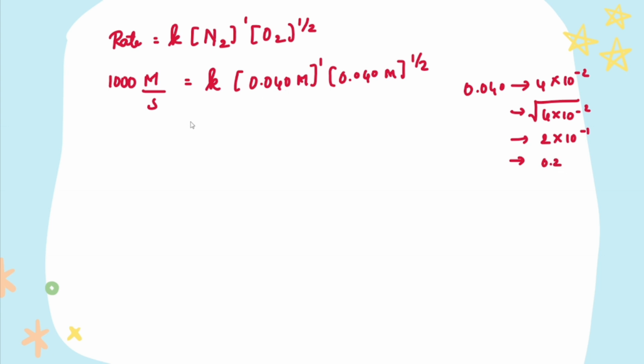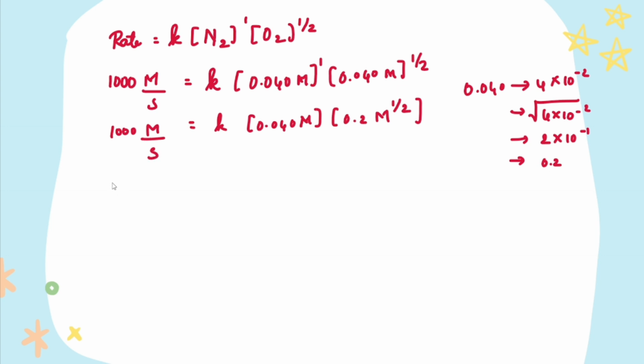So we are going to substitute this value. So it will be k into 0.040 M into 0.2 M to the power 1 by 2. Always remember this, because this 1 by 2 applies both to the number and to the molarity, the unit also. So you have to just note it. So here it will be 1000 molarity per second.